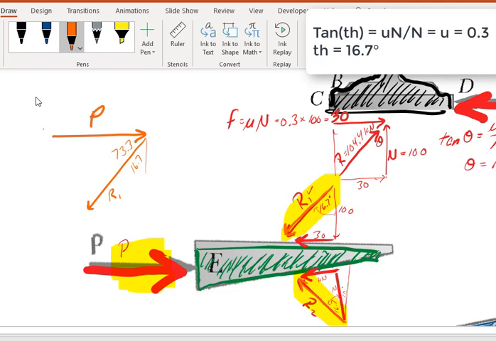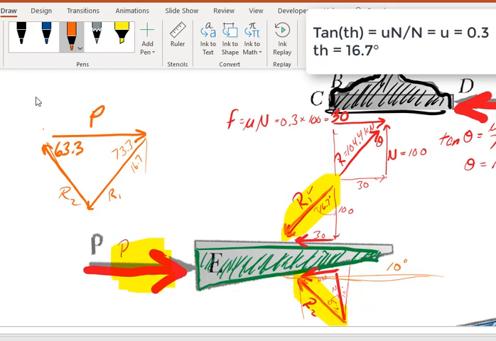Then we have the resultant on the bottom, and we're trying to figure out that angle. Remember, we've got that extra 10 degrees in there, so instead of 73.3, you lose 10 degrees. That's going to be 26.7 on one side and 63.3 on the other side. Getting the angles figured out is going to be the hardest piece of it.